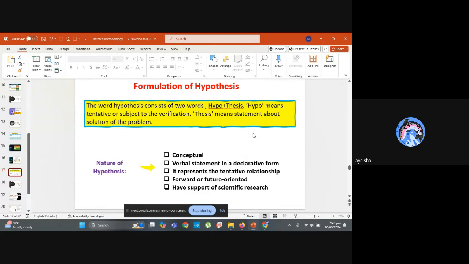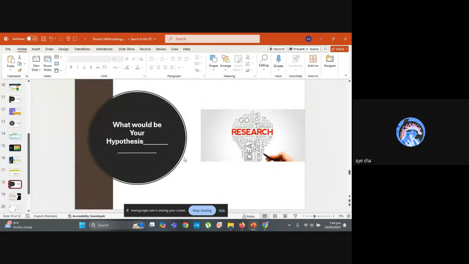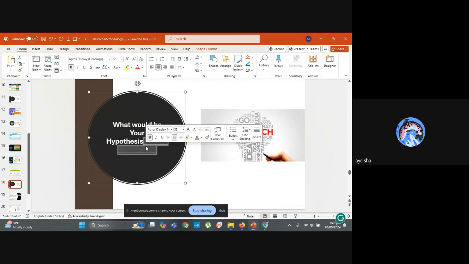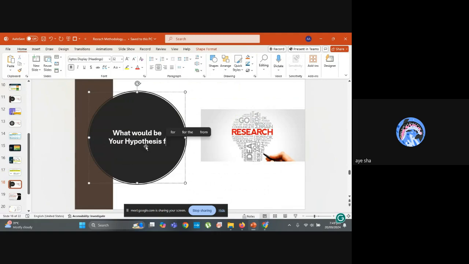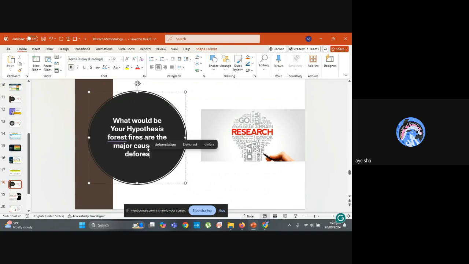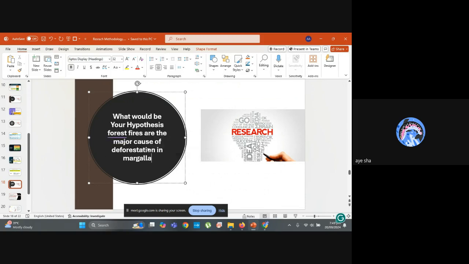For example, in our research, the hypothesis could be: forest fires are the major cause of deforestation in Margla Hills. That is your hypothesis.